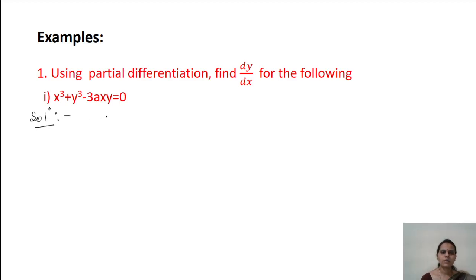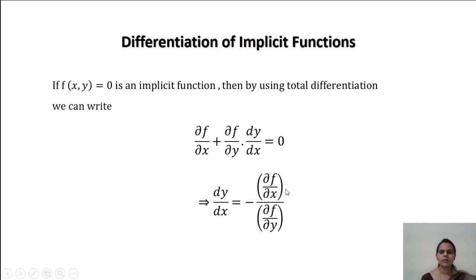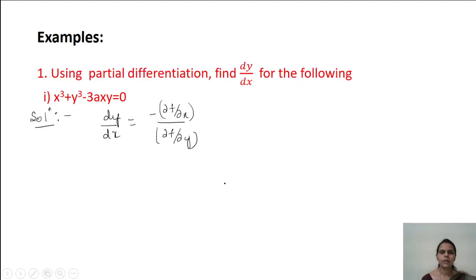So now we know that dy/dx is equal to −(∂f/∂x)/(∂f/∂y). Given x³ + y³ − 3axy = 0, let us take f = x³ + y³ − 3axy.